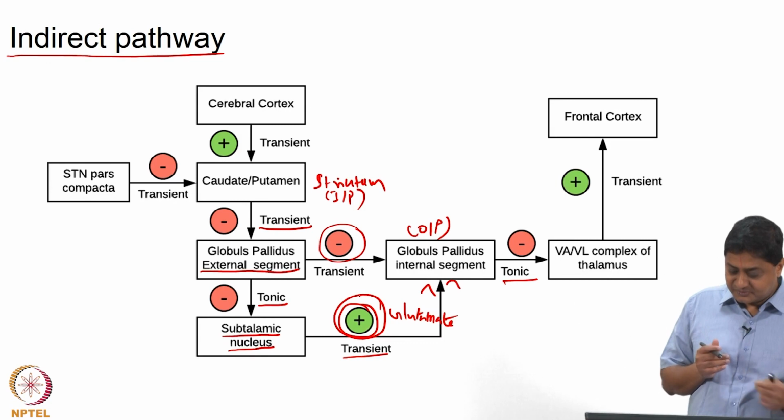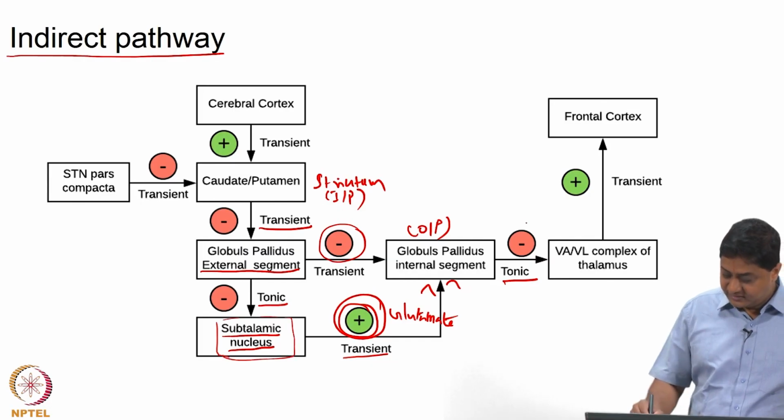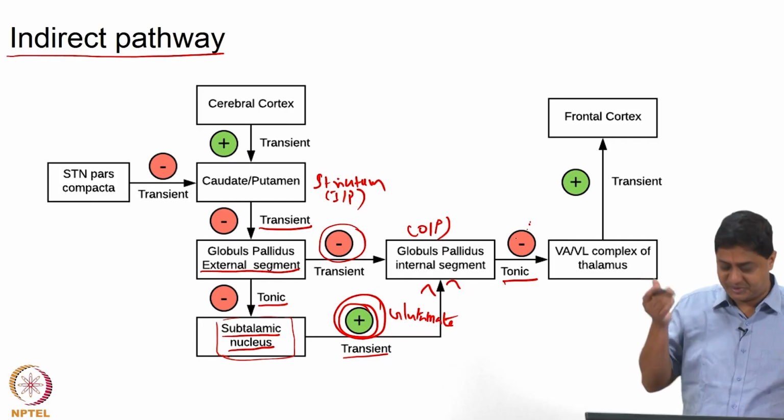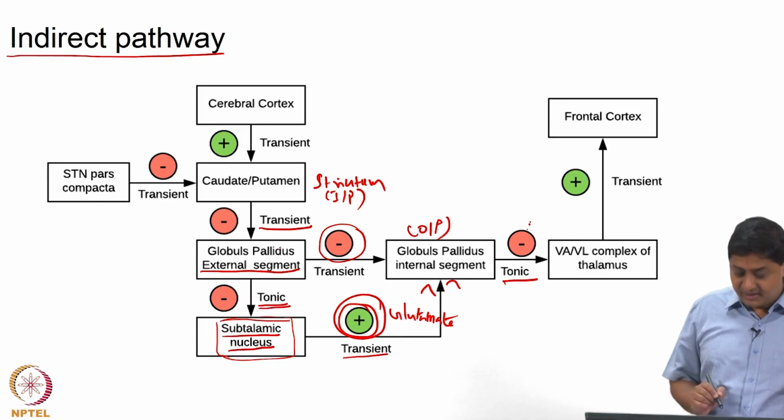So, that means whenever this block is active, the level of the inhibition provided is going to actually go up, right. But then this activity is inhibited tonically by the GPE.